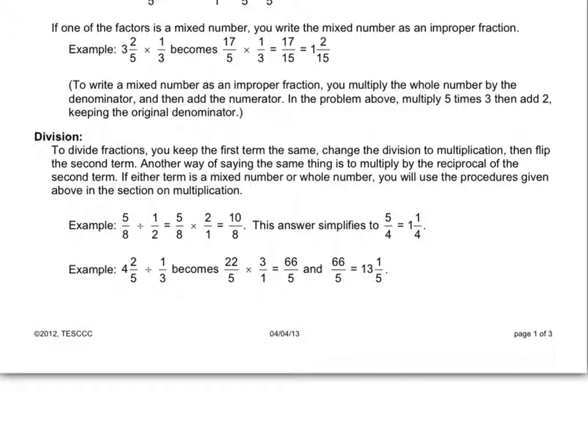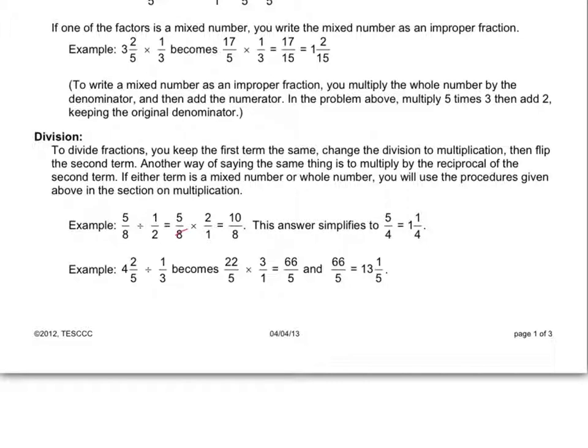For instance, we have 5/8 divided by 1/2, and what we do, we keep 5/8 the same, change division to the inverse, which is multiplication, and then flip 1/2 to 2 over 1. And again, I love this.